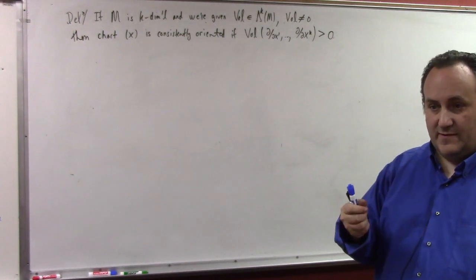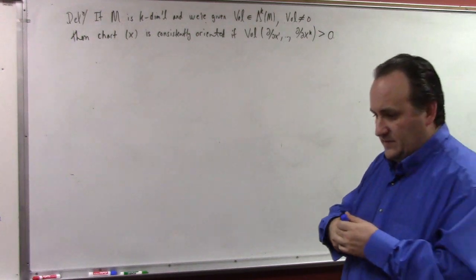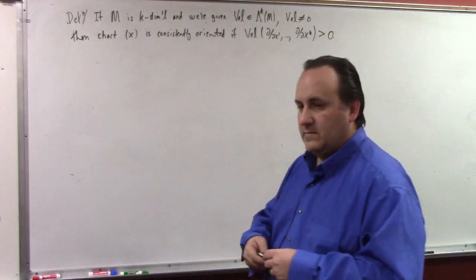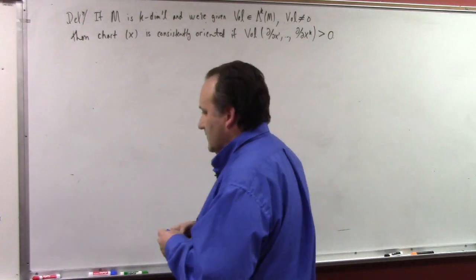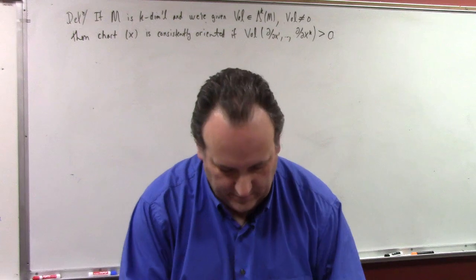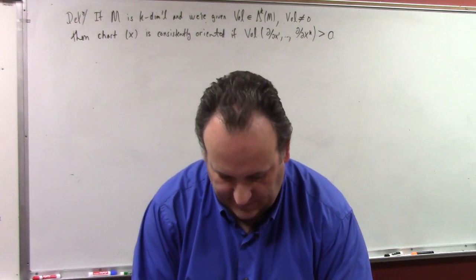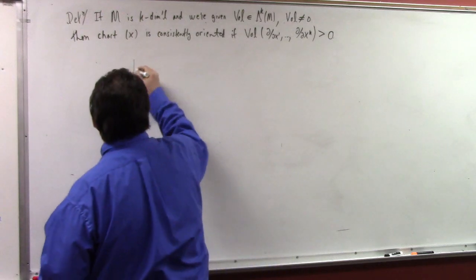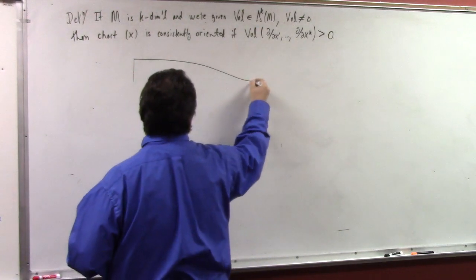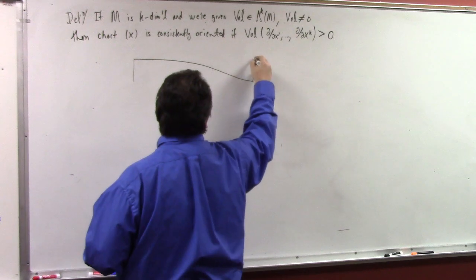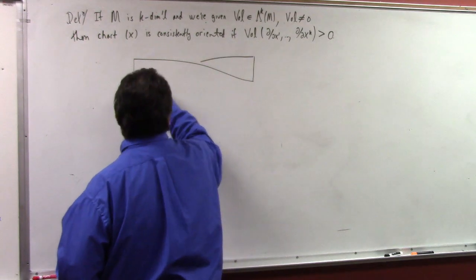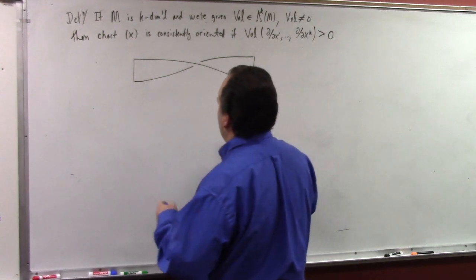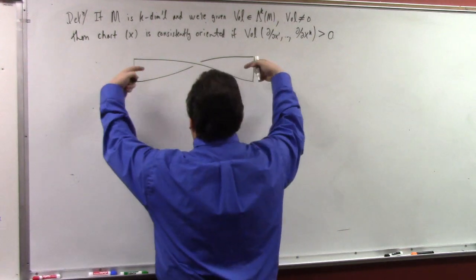All right, there are manifolds where you cannot find an atlas of charts which covers everything and is consistently oriented on every overlap. The standard example of this is the Mobius band, right? If you take the Mobius band, you can imagine taking a strip and twisting it, and then connecting these back around.